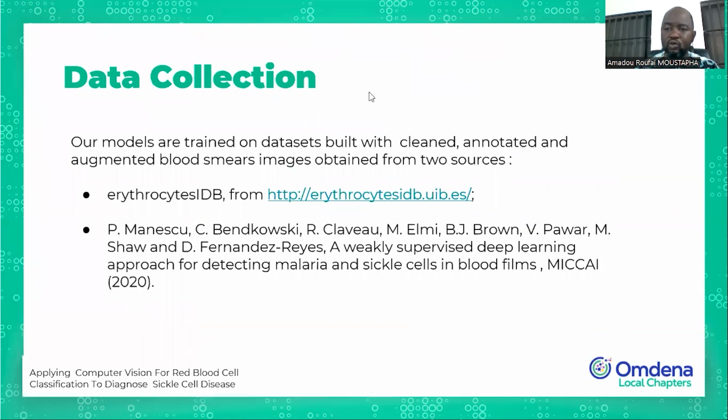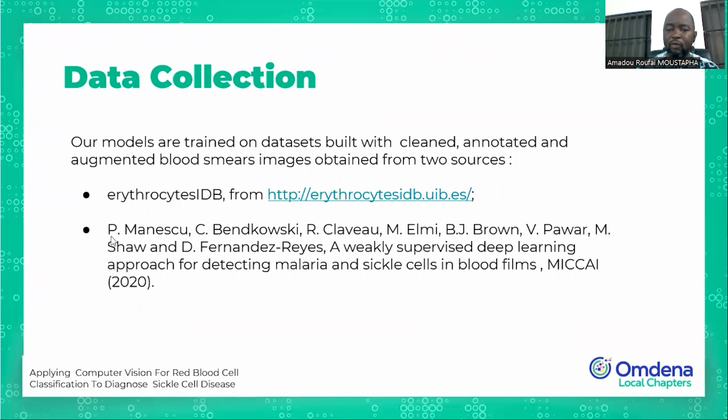To be able to do this project, we have collected some data. Our data are some images that we collected, cleaned and annotated. And there are images of blood smears obtained from two sources. Our source is erythrocyteIDB. Here is the website.